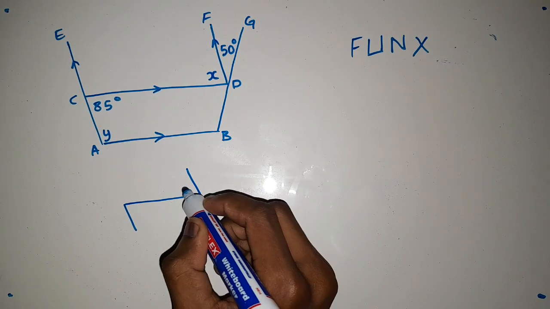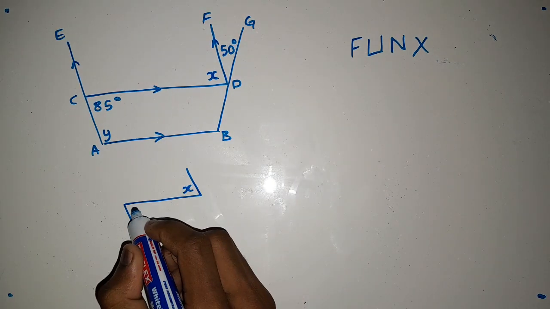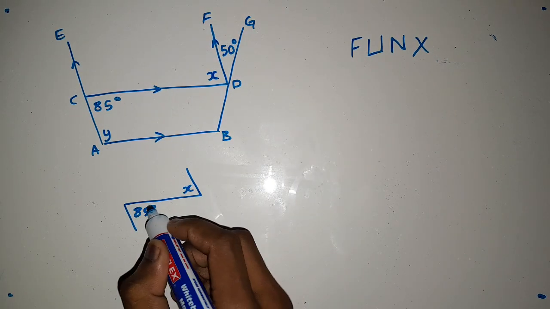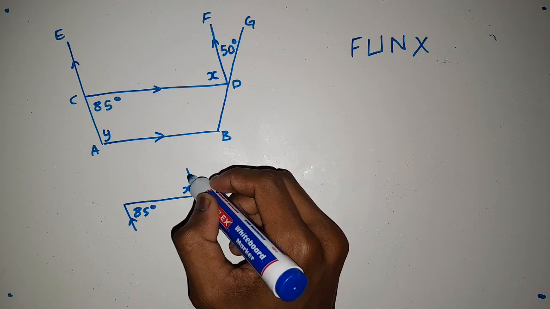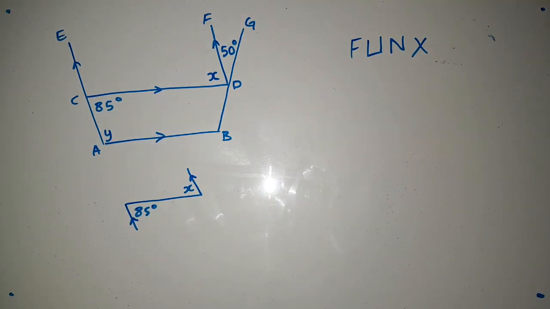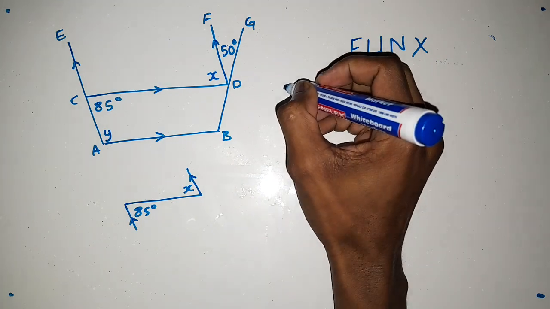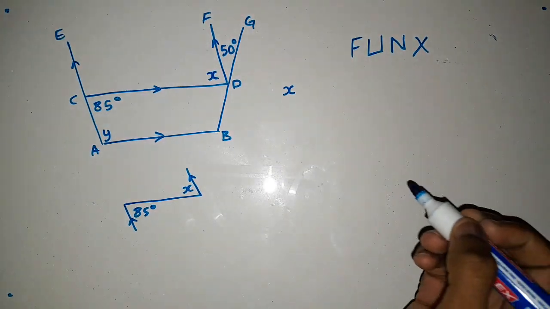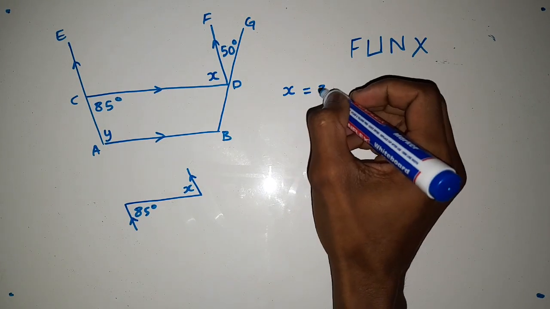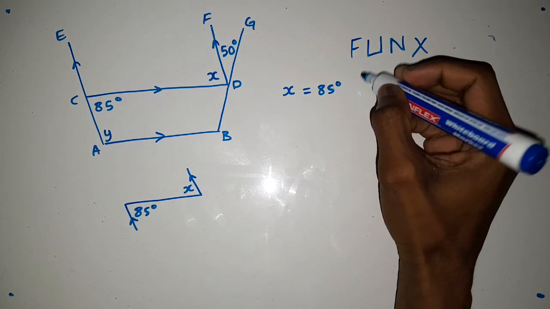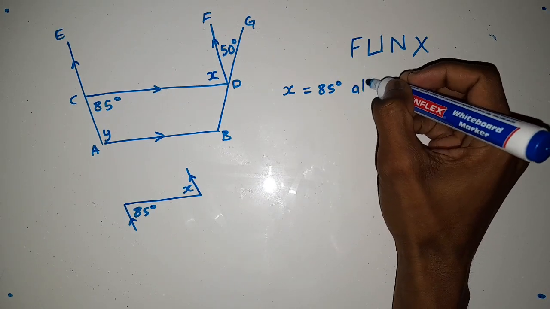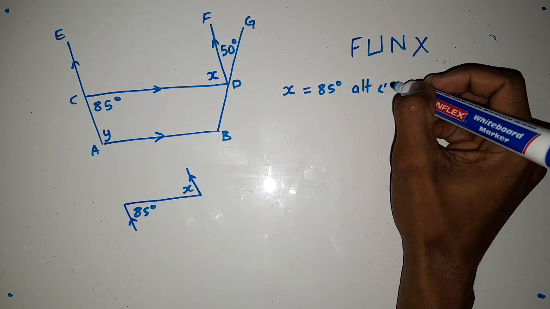For X, I have X over there. Somewhere here, I have 85 degrees. These two lines, they are parallel. See, that means my X is going to be equals to 85 degrees. Why? I get alternate angles.